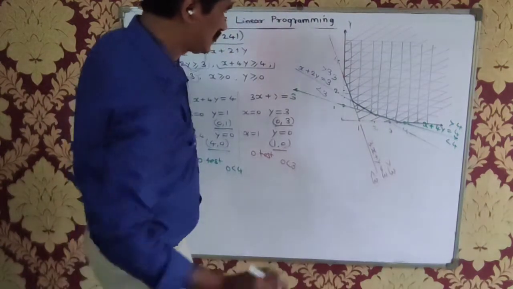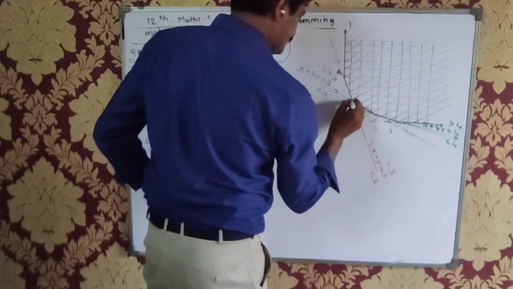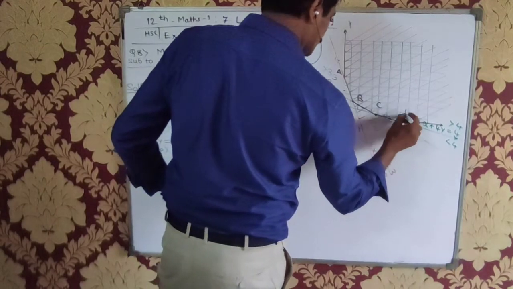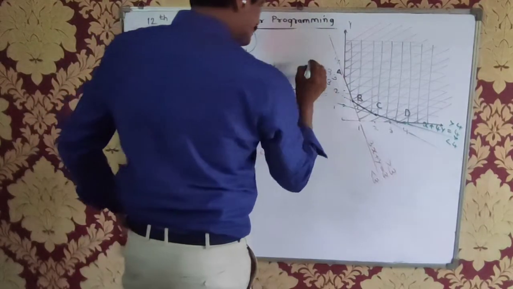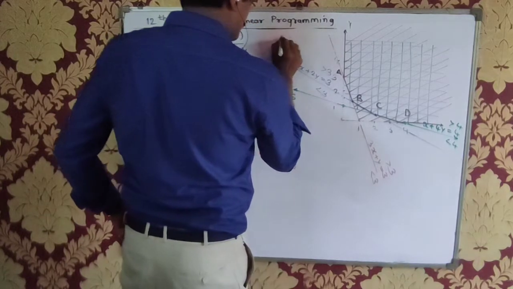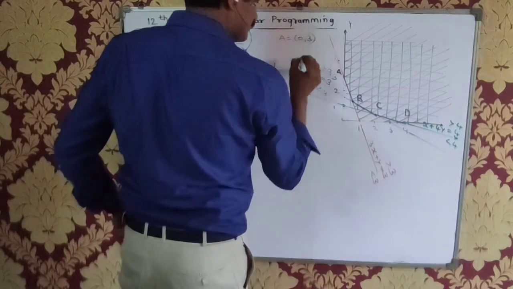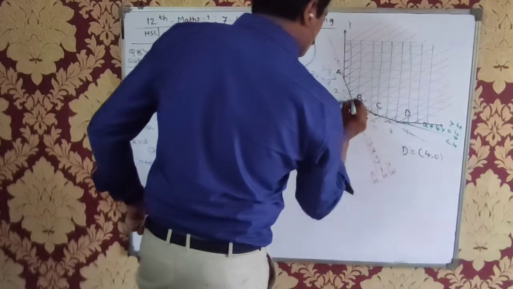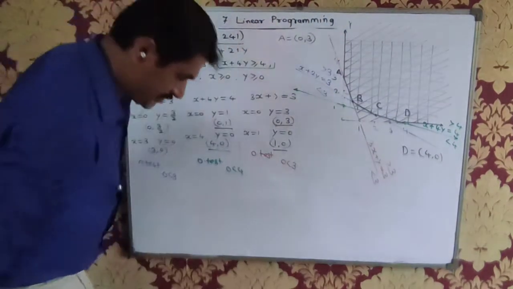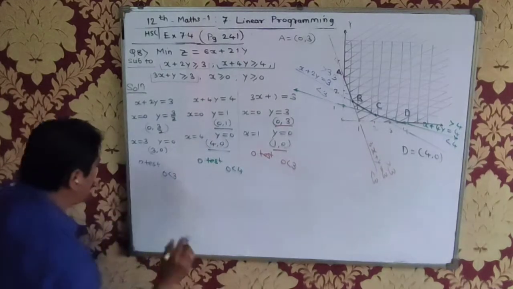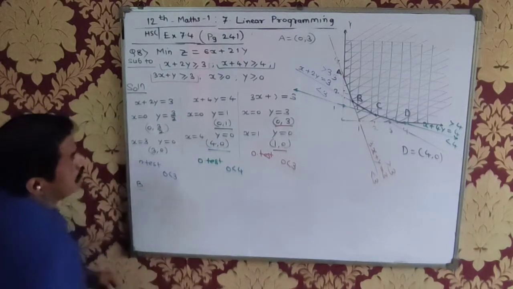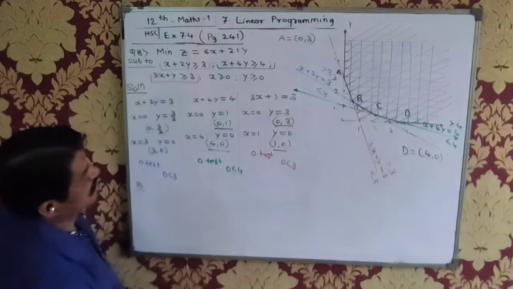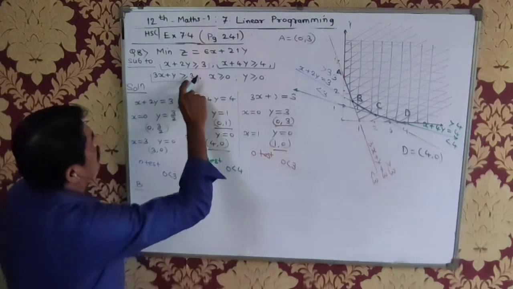So this is A, this is B, and C. The coordinates of A are 0, 3, and the coordinates of B are 4, 0. We will have to find out the coordinates of B and C. To find the coordinates of B, I will solve the red and blue lines together.